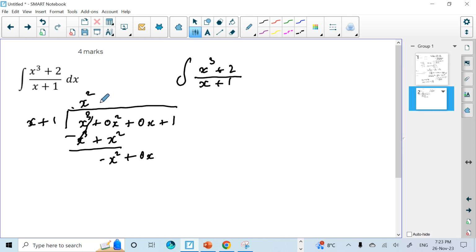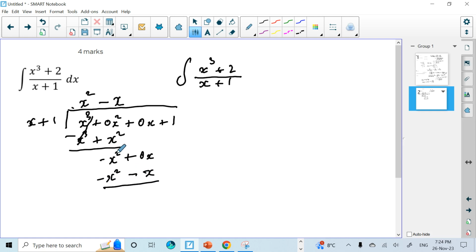Again, you have to ask yourself, what do you have to multiply x by in order to get minus x squared? Well, surely that's going to be minus x. So minus x times x gives you minus x squared. Remember, you're subtracting, so directed numbers, you're going to get rid of your x squared. And of course, minus x times 1 gives you minus x.